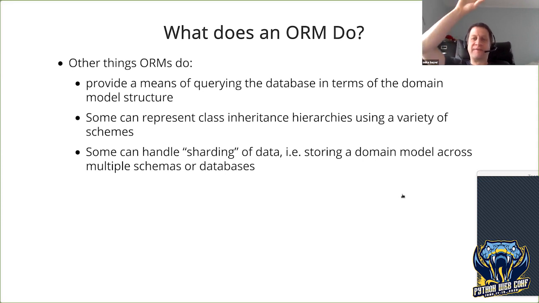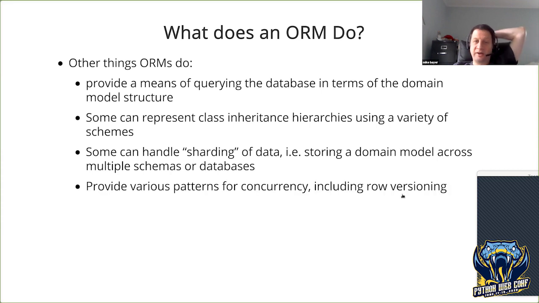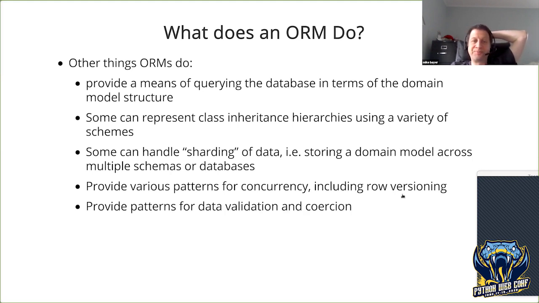If you want to have vertical partitioning, meaning different tables are in different databases, or horizontal partitioning, meaning different groups of rows are in different database backends for scalability, ORMs can sometimes transparently handle that. Concurrency patterns, row versioning patterns, ways to check that your row is the current row and you're not looking at a stale row. Data validation, coercion, all kinds of fancy object-oriented stuff integrated with the database.